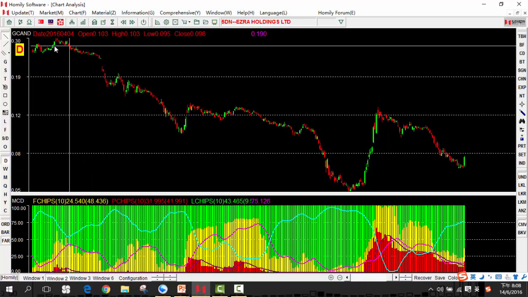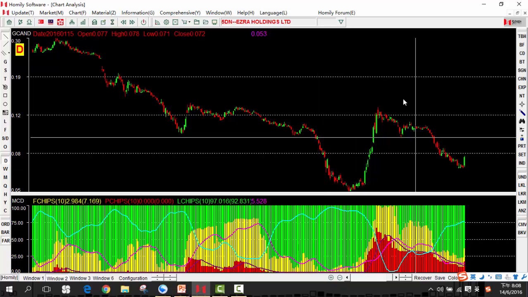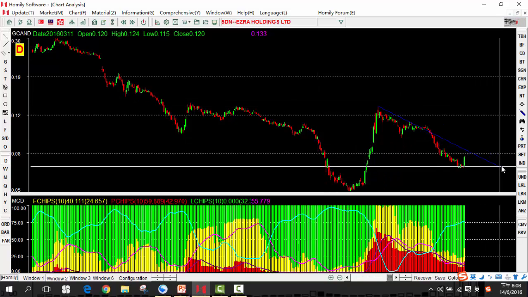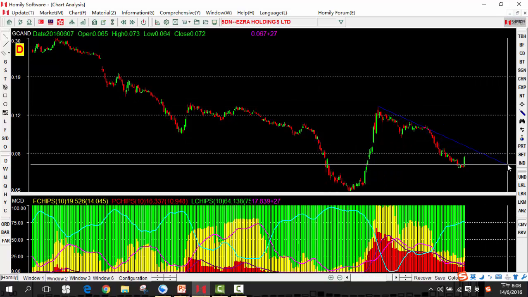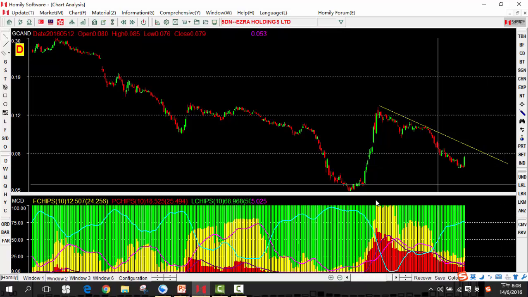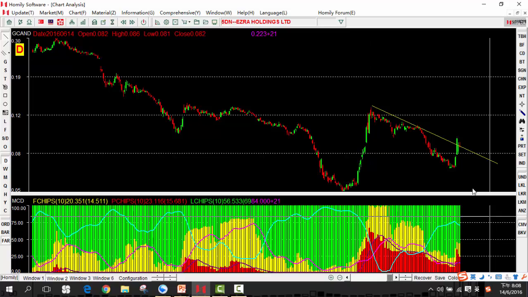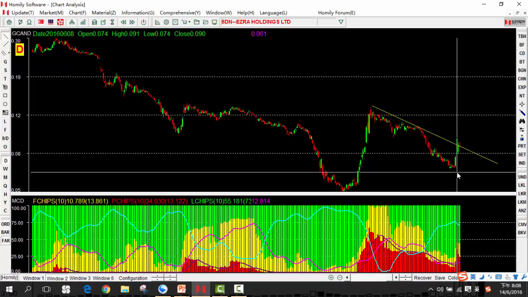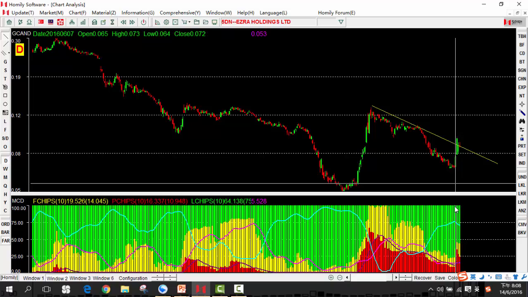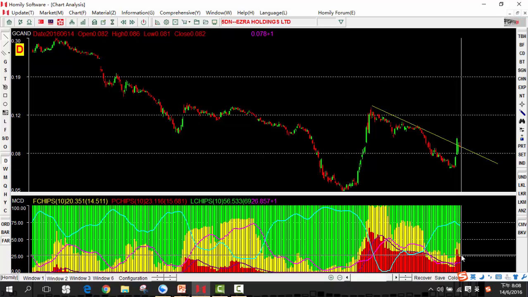Okay, then we can draw the downward trend, the downtrend. If you see the price break upward through the downward trend line, and the red clamp is about 50, or almost 50, it is the good buy point.